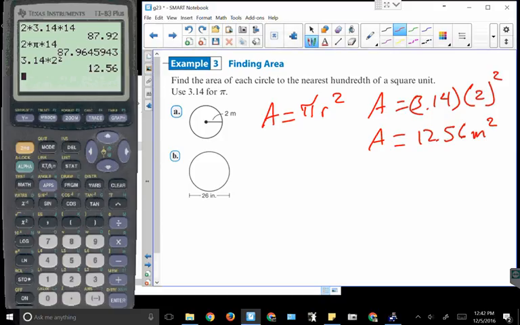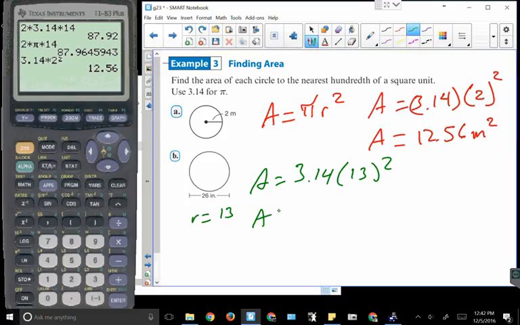No big deal. Use the same formula. Area is equal to pi, which we're supposed to use as 3.14, multiplied by the radius. What's the radius? Half of that. So if that's the diameter, that means the radius would be equal to what? 13. So get 13 squared.